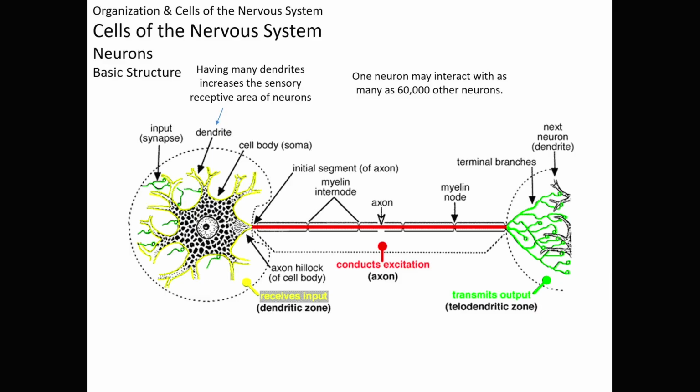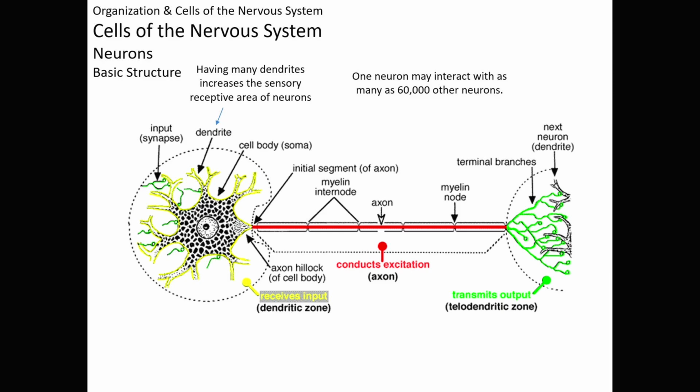Okay, so on Tuesday, we ended on this slide basically talking about the three major regions of the neuron. Just as a way to get back into things, one of the regions of the neuron we said is the dendritic zone. The function of the dendritic zone is to receive sensory input.